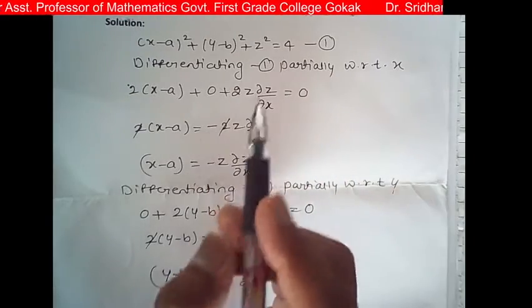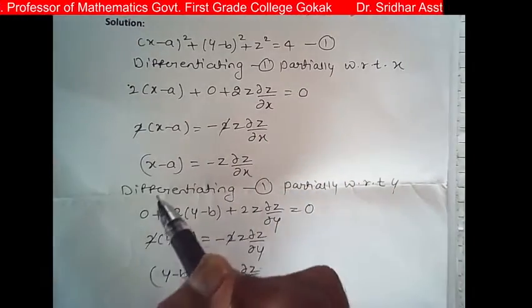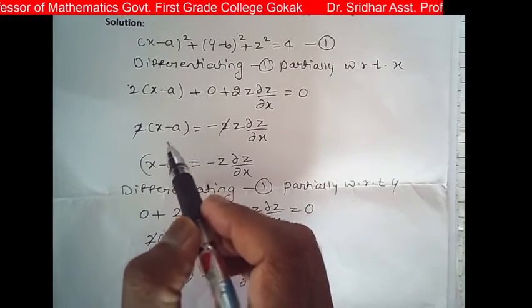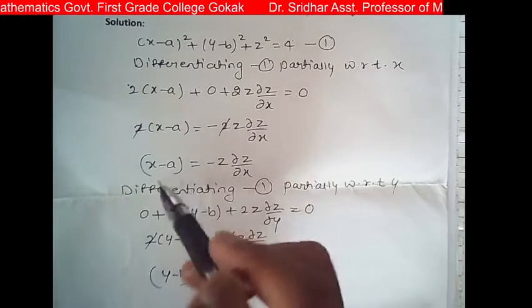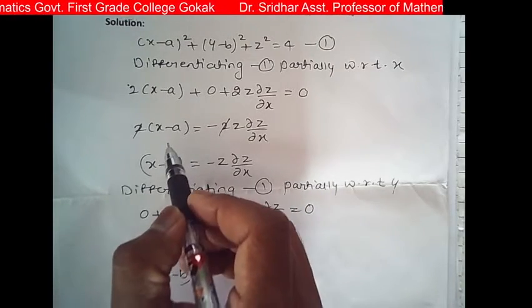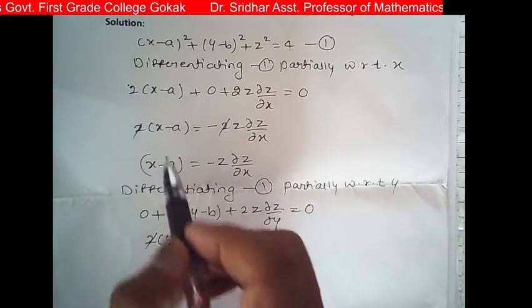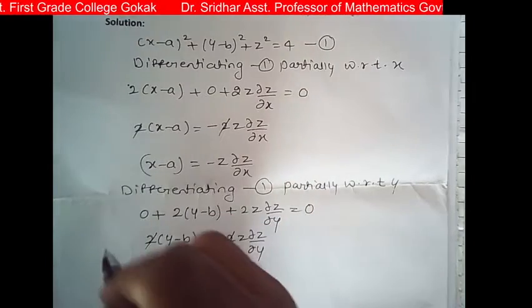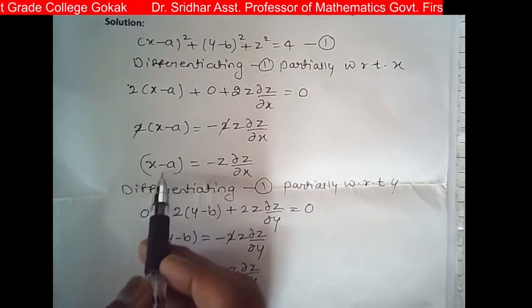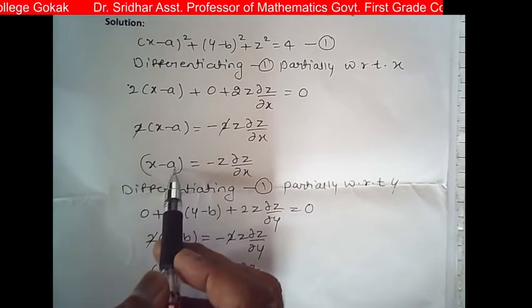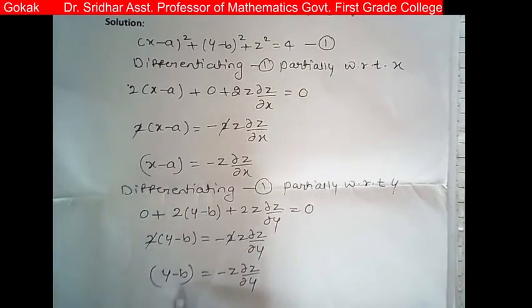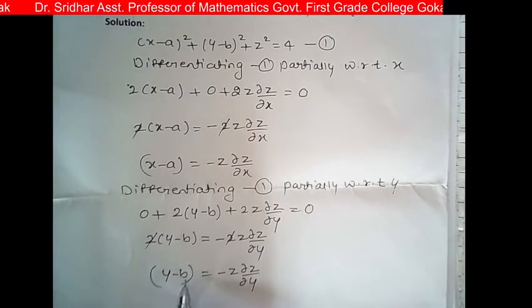This is one technique. And another technique, if you want to eliminate a and b, you can eliminate the term containing the constant; that also you can do. So here this is a term which contains a, and this is another term which contains b.